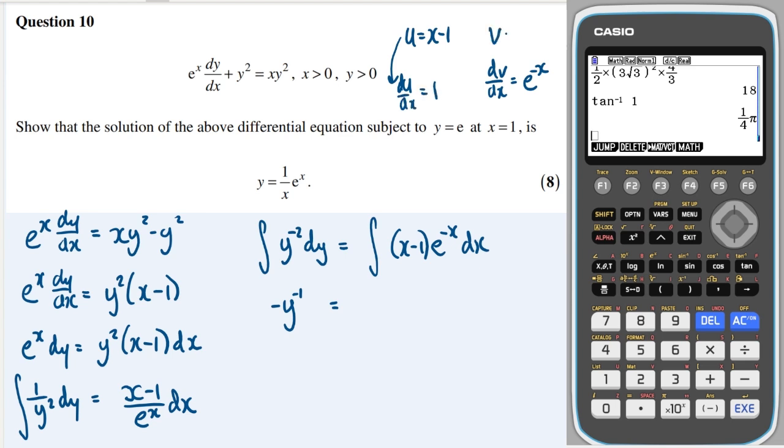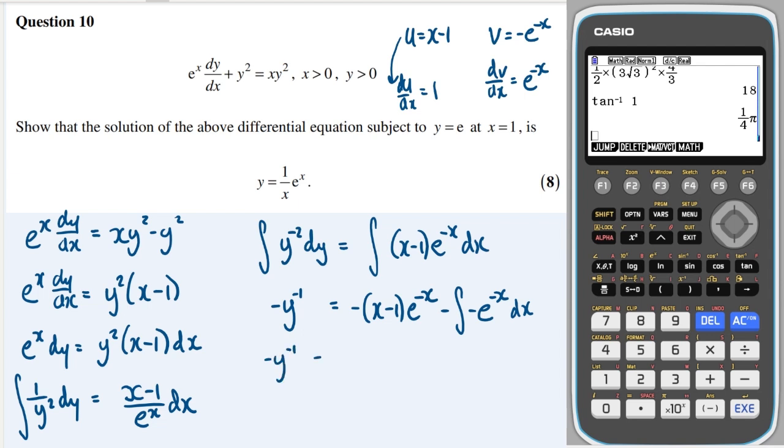I'm going to integrate this one to get minus e to the minus x. And then integration by parts tells us we do u times v, so that's x minus 1 times minus e to the minus x, and then we subtract the integral of du by dx times v, so that will be minus e to the minus x.